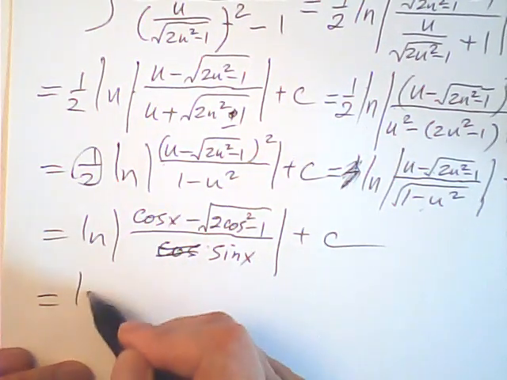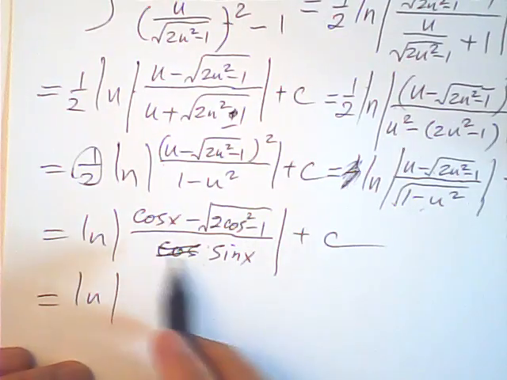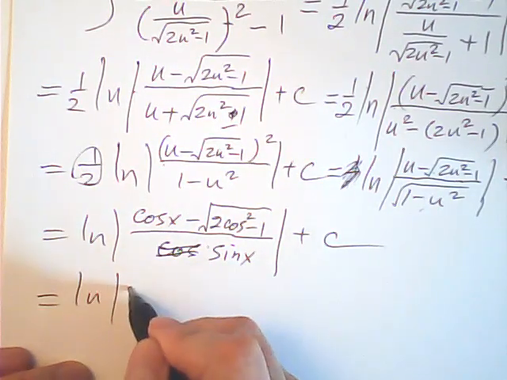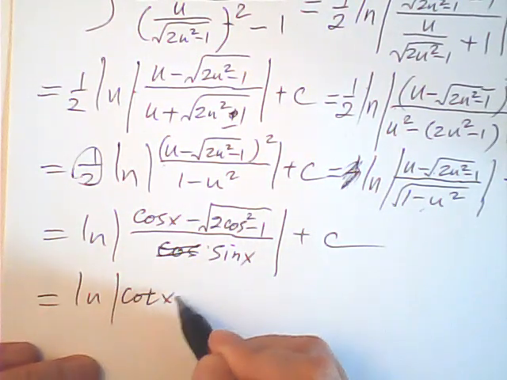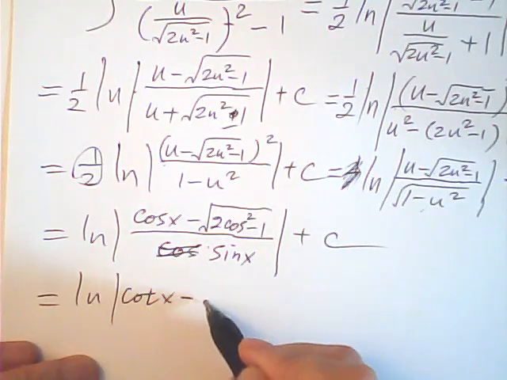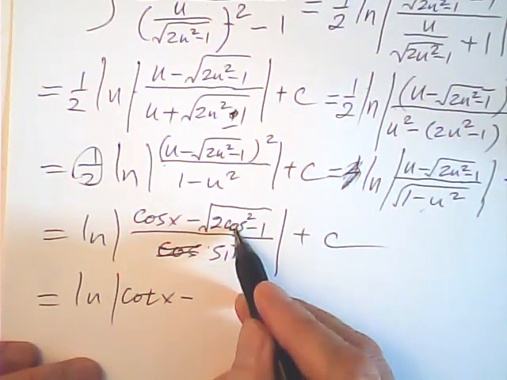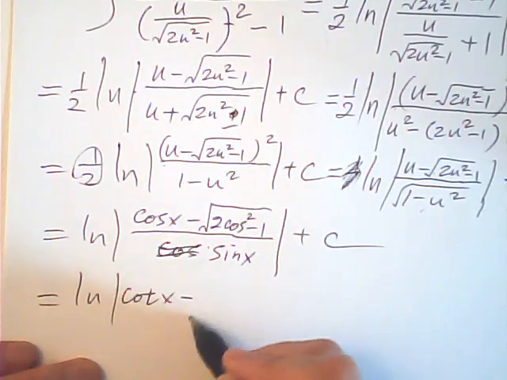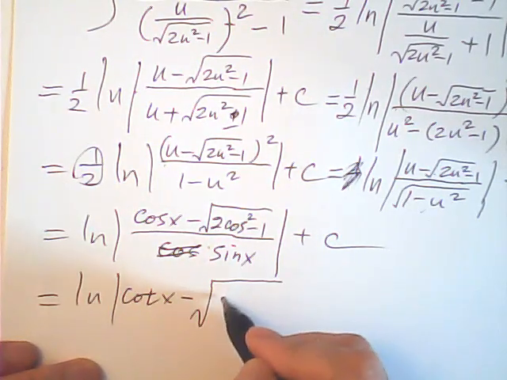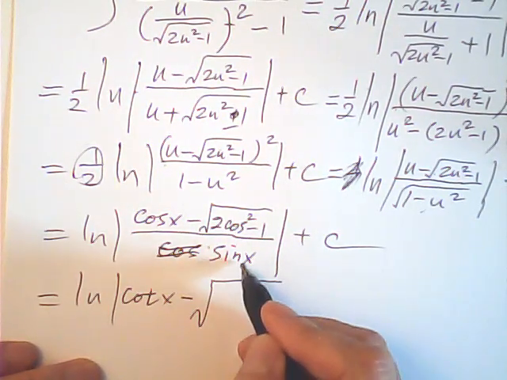Now then, cosine over sine is cotangent. This one goes to square root, becomes square, right? This is sine squared.